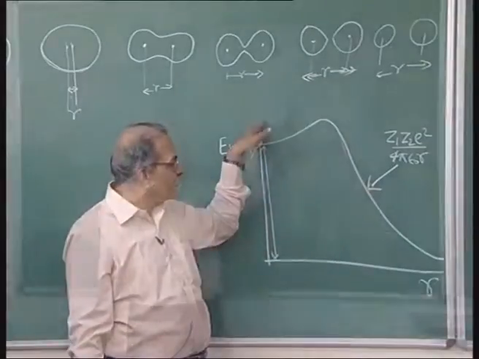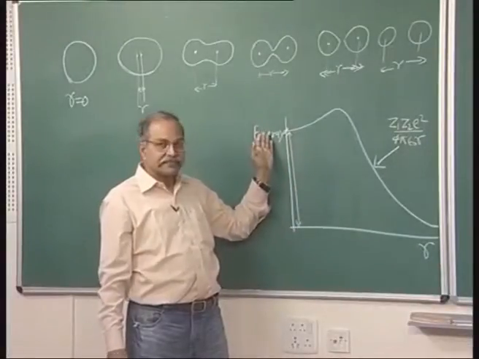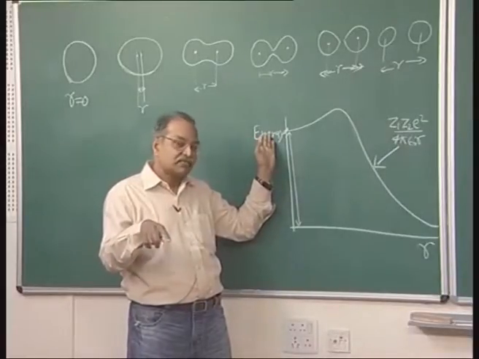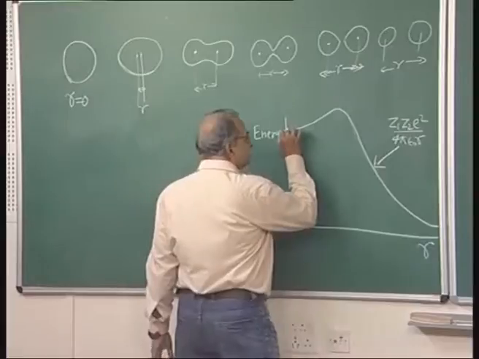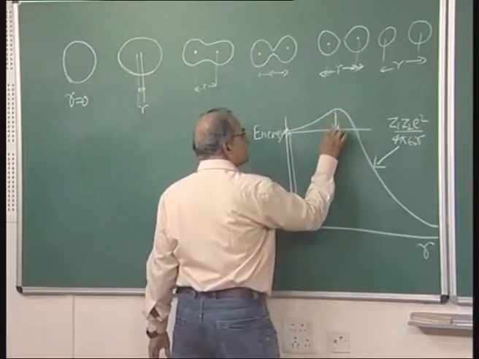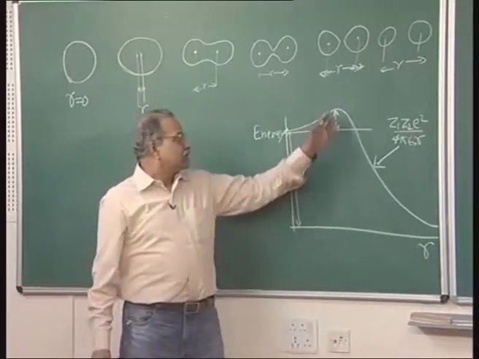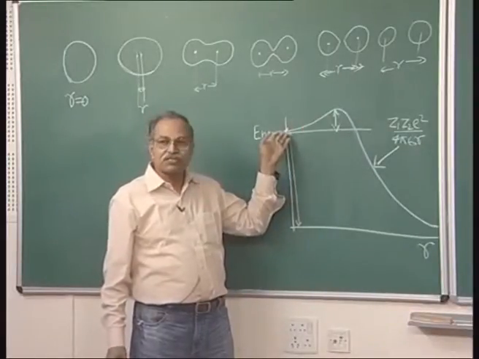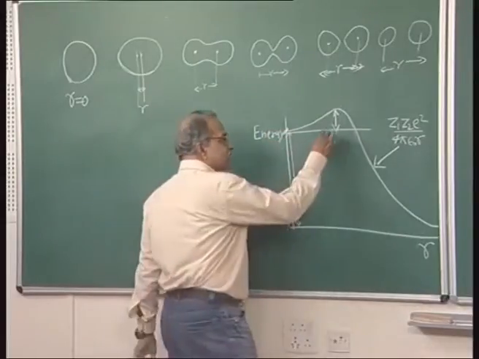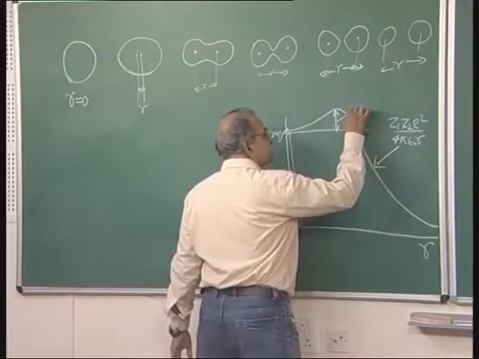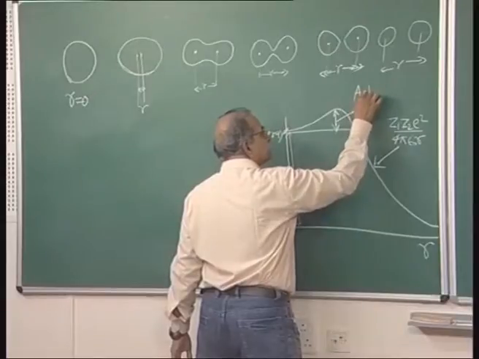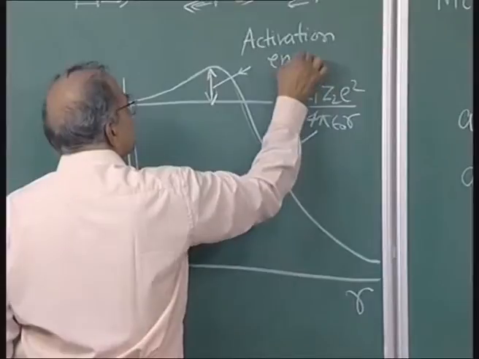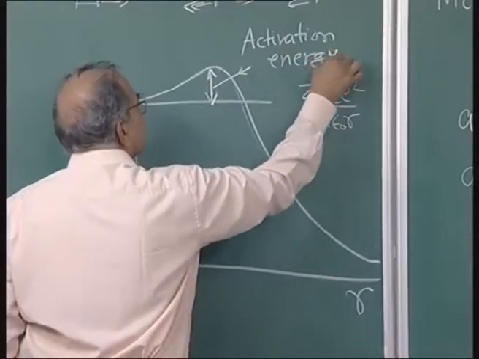So, this is the kind of dependence of this energy, which includes surface energy as well as Coulomb energy, and this maximum, the highest value of energy minus this 0 deformation energy, this is known as activation energy or barrier height.